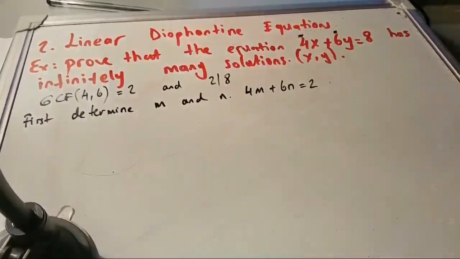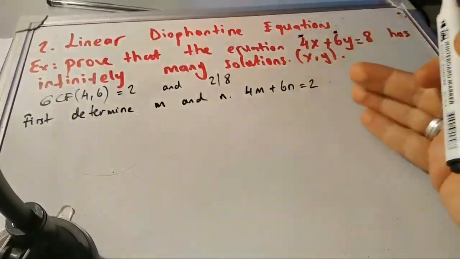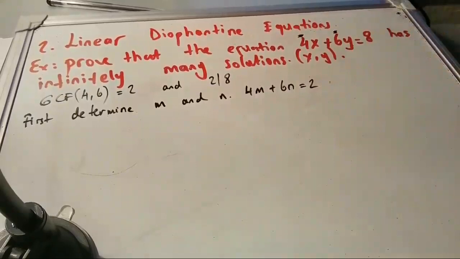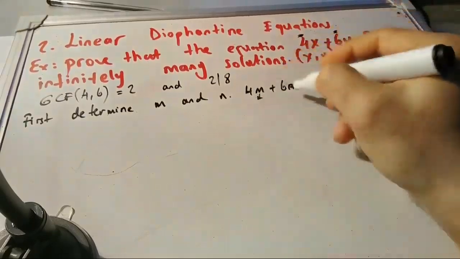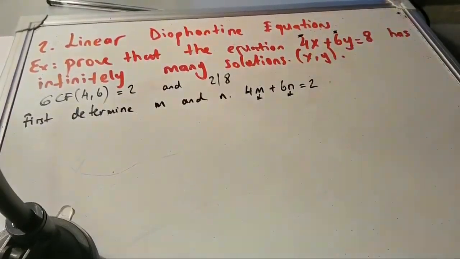The equation 4m plus 6n is equal to 2 is given, and we have to find the values of m and n. Tell me the answer. m and n can be any integers, positive, negative, or neither.